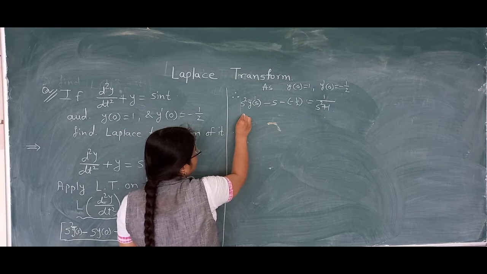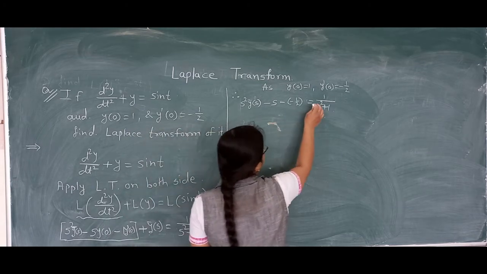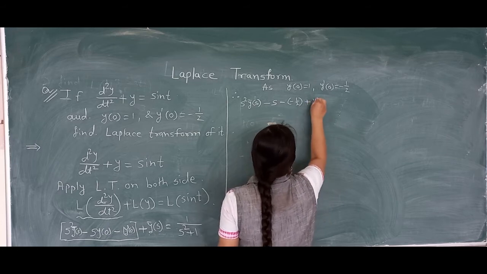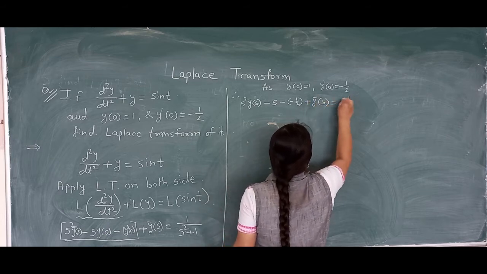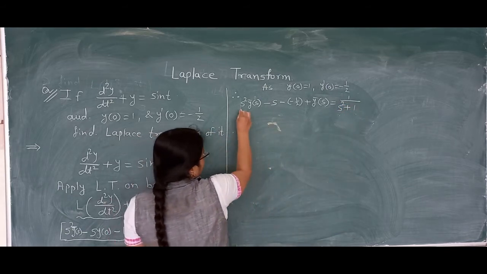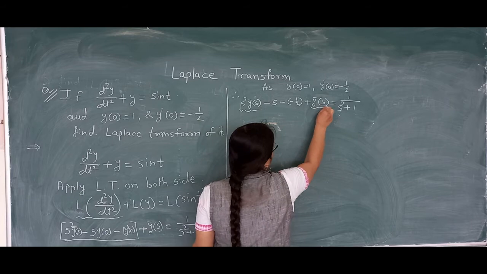So simplifying this, plus y bar of s equal to 1 upon s square plus 1. So here I have two terms of y bar of s.